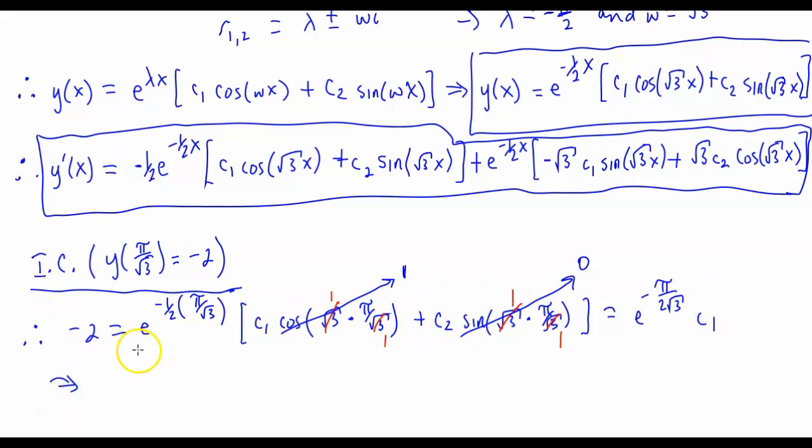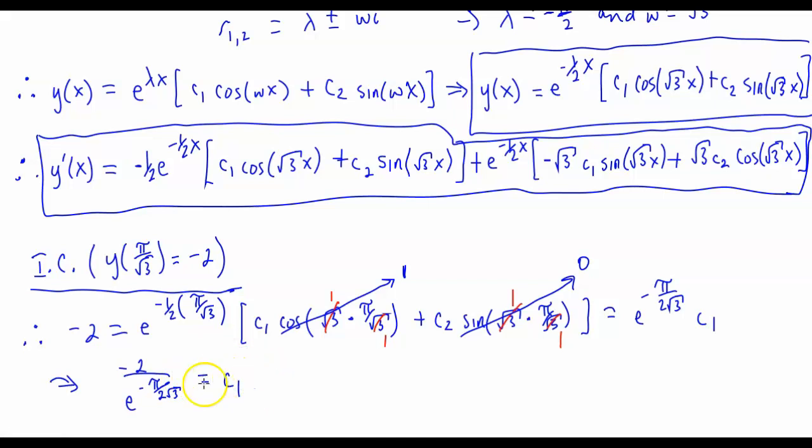And so this implies that C1 is just going to be -2 divided by e raised to the minus pi divided by 2 times square root of 3. Yep, so not the prettiest looking thing, but that is what it is.